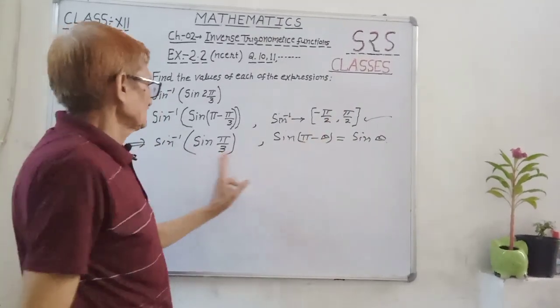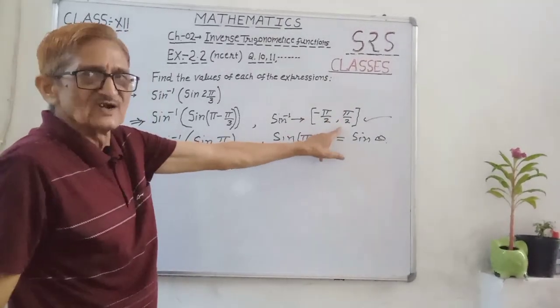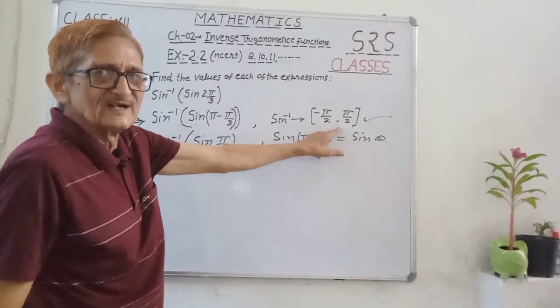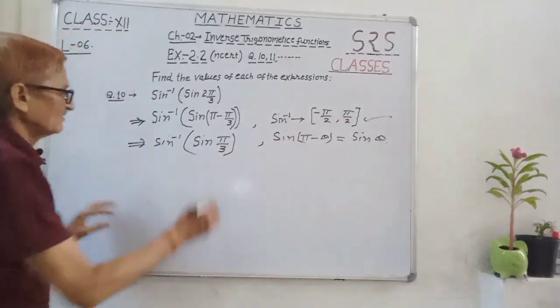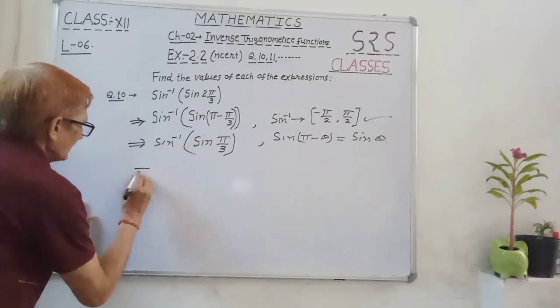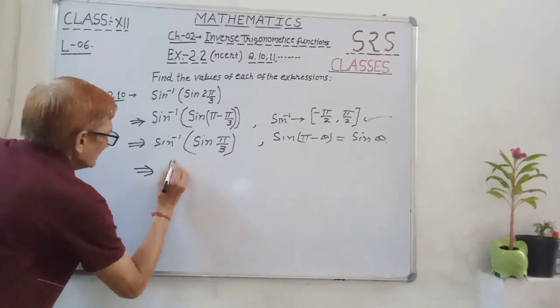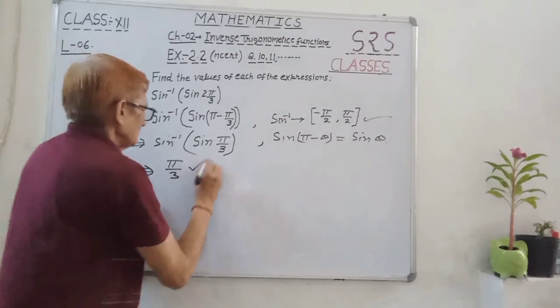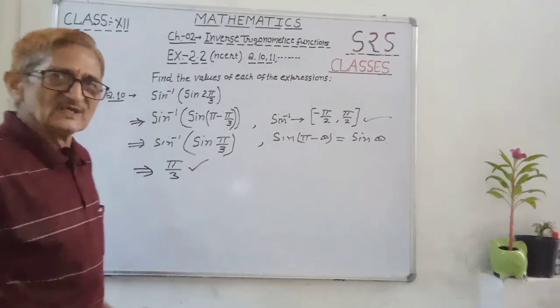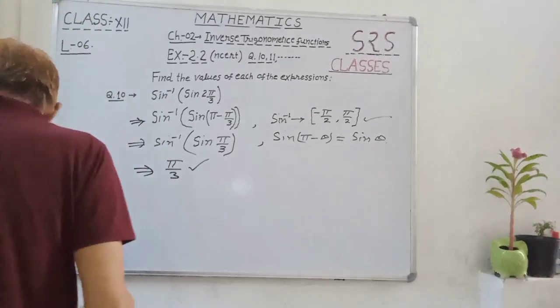It is in the first quadrant, and the branch covers the first and fourth quadrants. So by the property, we can write it directly as pi by 3. Done. The value of this is pi by 3, the answer.